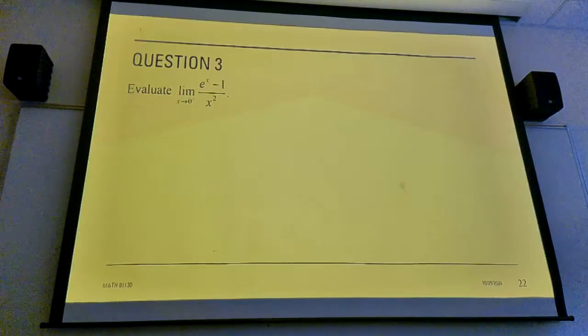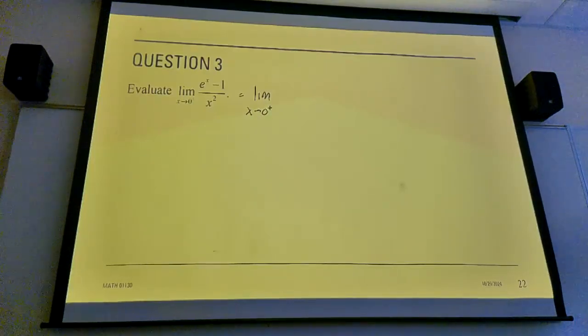Approach 0 from the right. This is 0 over 0. What is the derivative of the numerator? What is the derivative of the denominator? 2x.